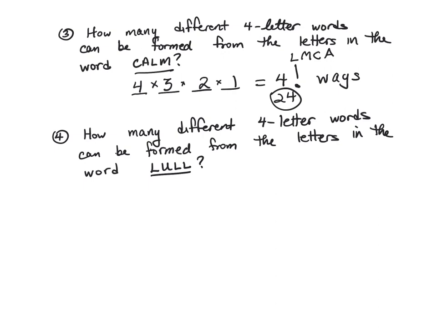But the word LULL is also a 4-letter word, but notice that 3 of the letters repeat. So we could actually list the 4-letter words in the word LULL. They could be L-U-L-L.